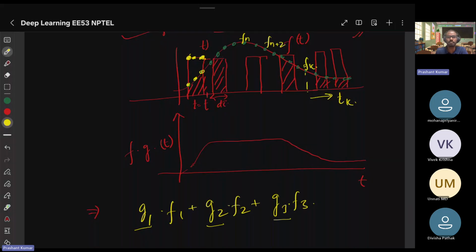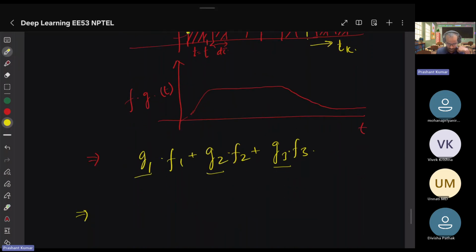So this kernel is moving onto the function, and whatever is the weighted average of G over the F, that is the convolution. If we are taking into account time, then this is the overall discrete convolution function.